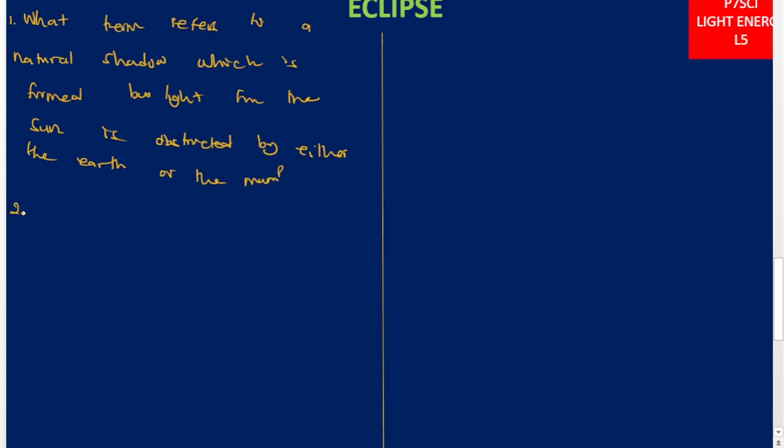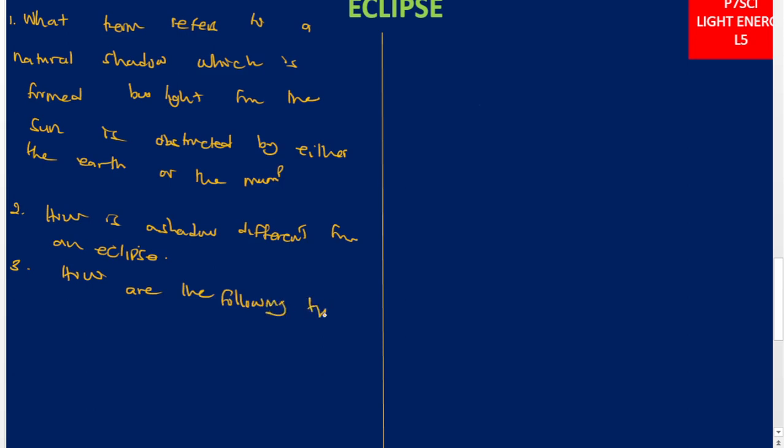Number 2, how is a shadow different from an eclipse? Number 3, how are the following types of eclipses formed? 1, solar eclipse. 2, lunar eclipse.